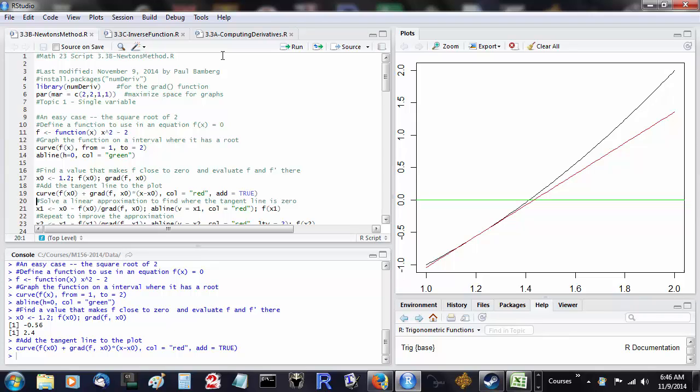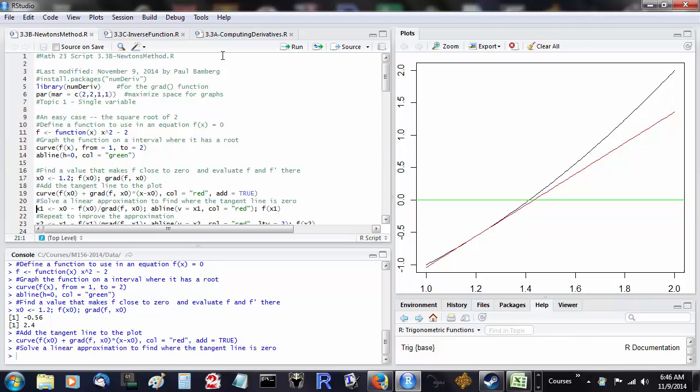Now to figure out where the tangent line is 0, where the red line intersects the green line, all we have to do is solve a linear equation, and the solution to that equation, x1, the value of x for which the tangent line approximation is equal to 0, is x0 minus f(x0) over f prime(x0).